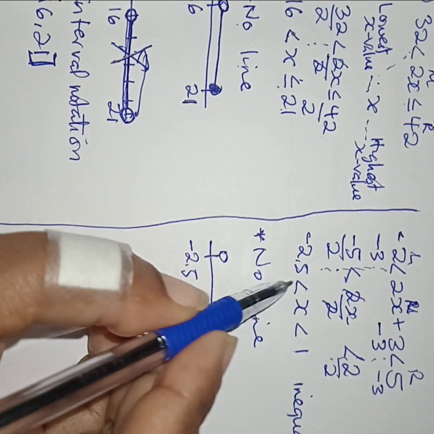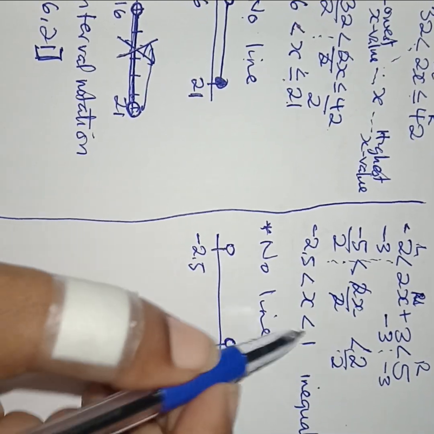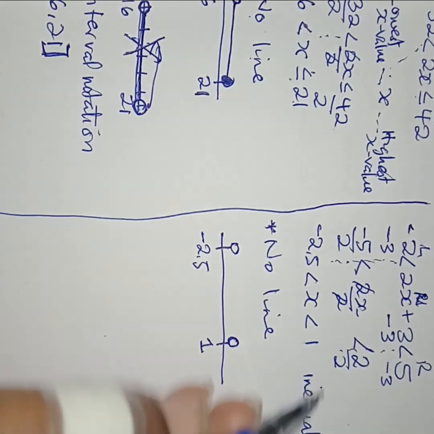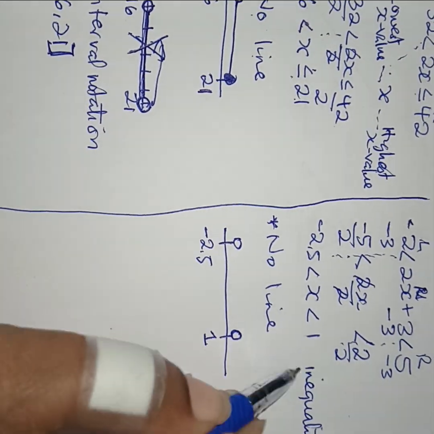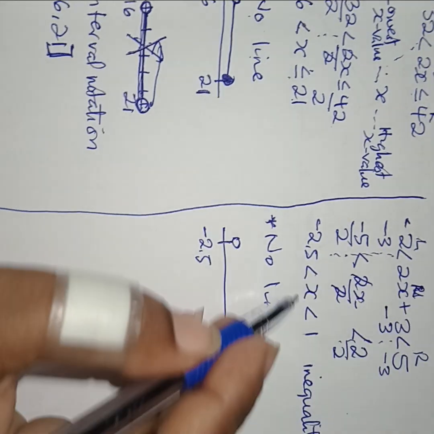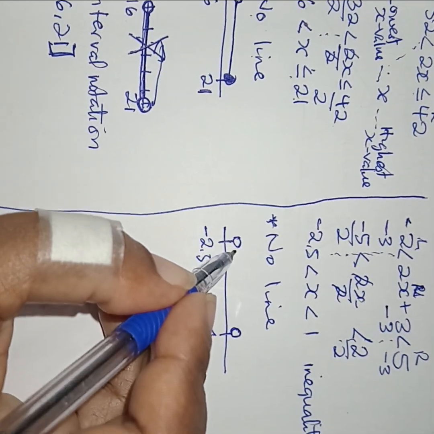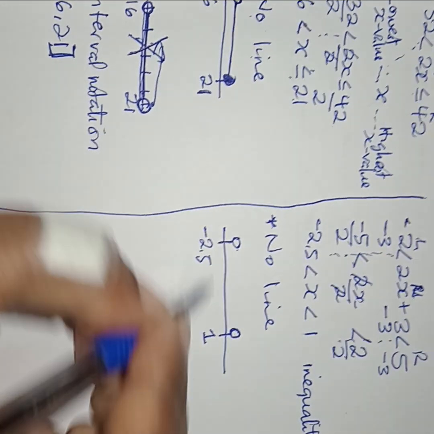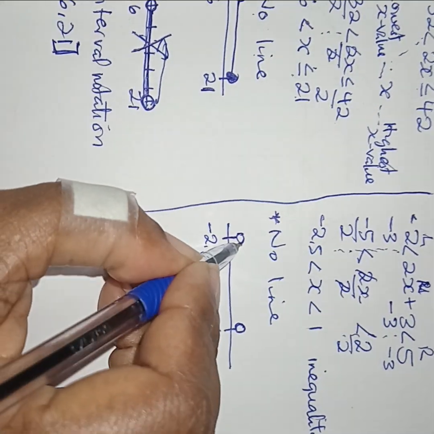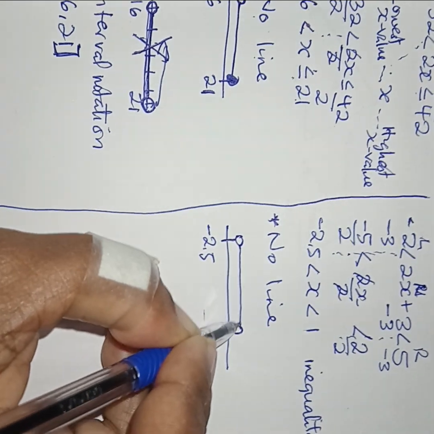Negative 2.5 is only less than, or not equal to x, so the circle is unshaded. X is also not equal to 1. 1 is not an x value, so leave the circle unshaded. And the other x values between these two are shown by the line.